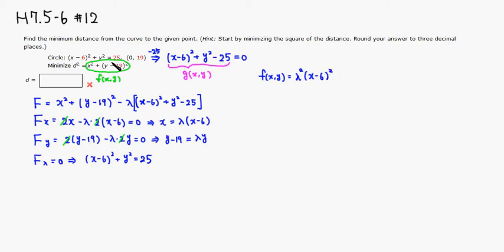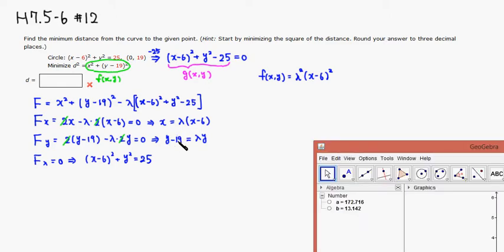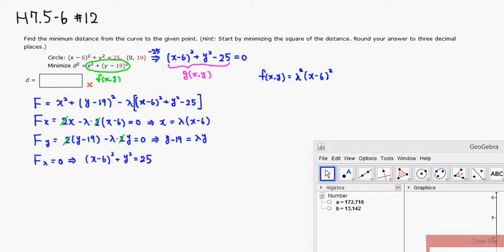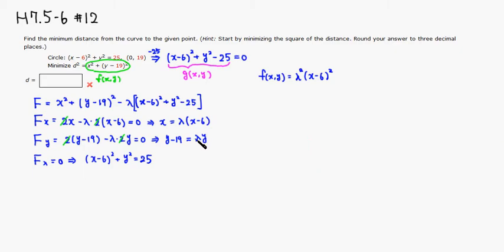And here you have y minus 19 squared. Since y minus 19 is lambda y, it's just lambda squared y squared.